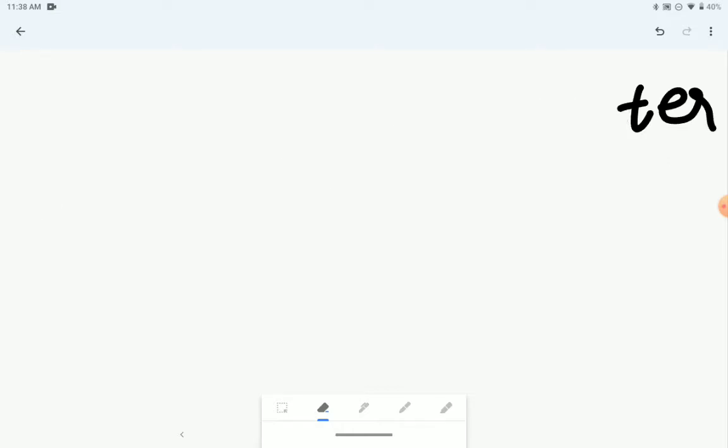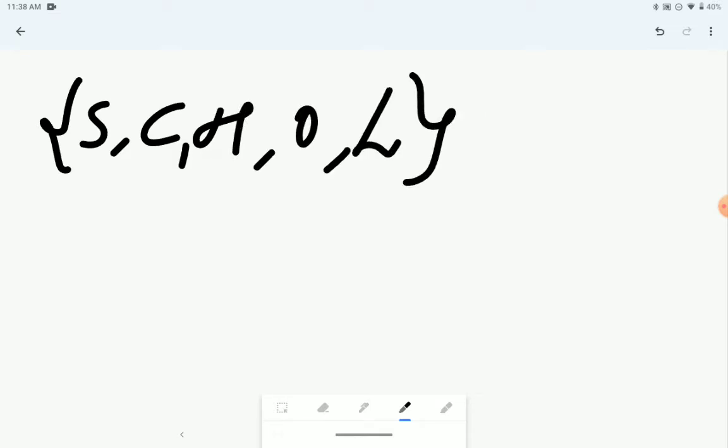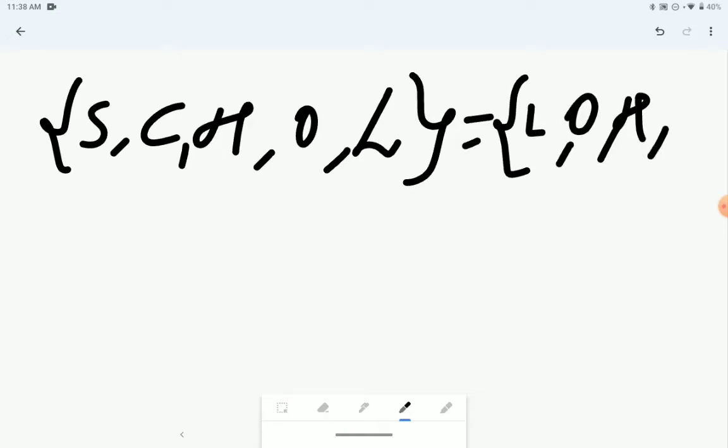And now let us discuss some examples. Let's say SCHL. This is nothing but LOHCS. Here what I am trying to convey is that in roster form, the order of elements is not at all important.